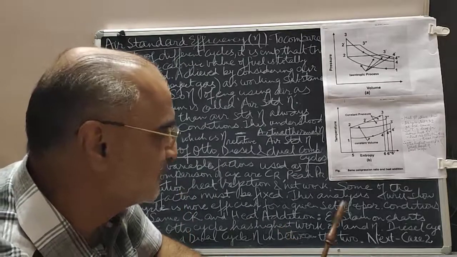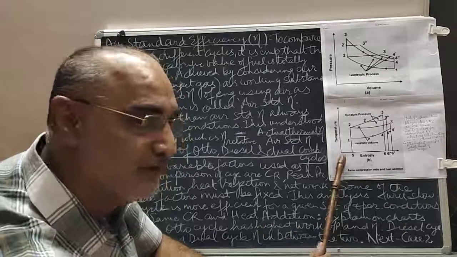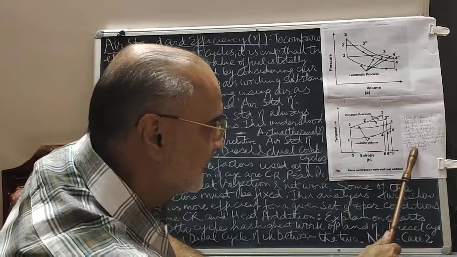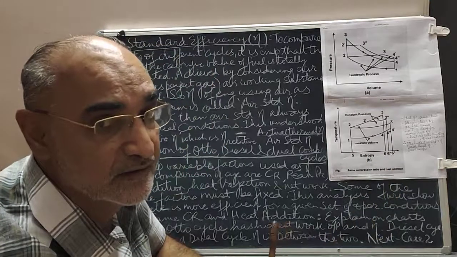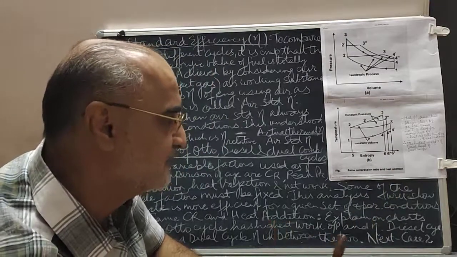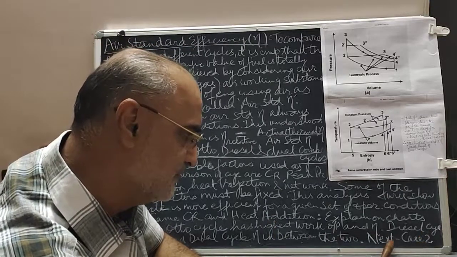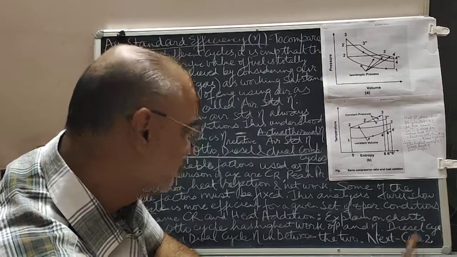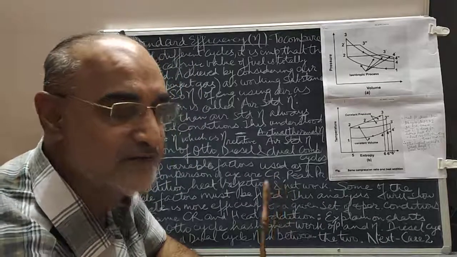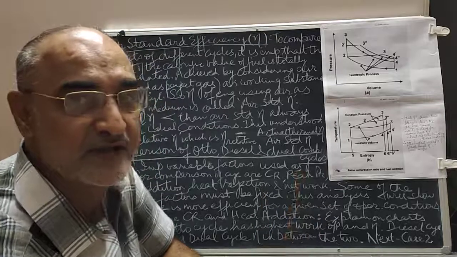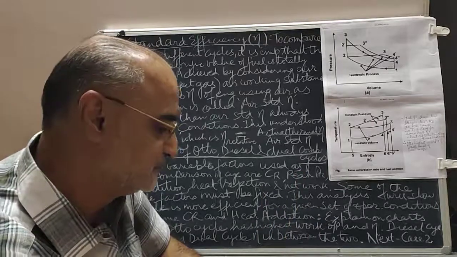Keep a note, the highest efficiency was that of the petrol, the diesel had the least and the dual combustion had the efficiency in between. Next lecture we'll come to case 2, in which we will take two more variables and then again compare the three cycles. Thank you.